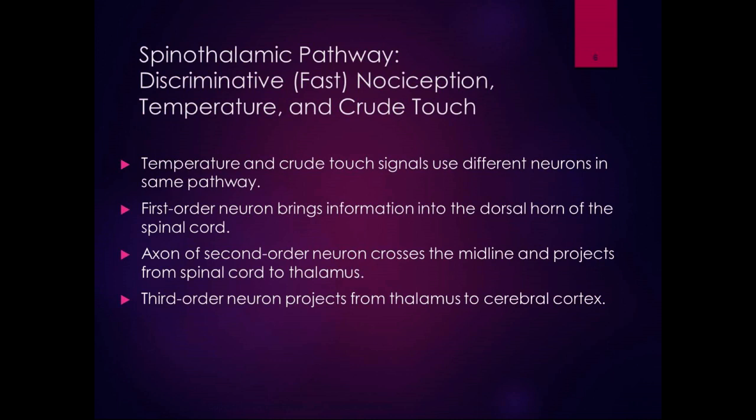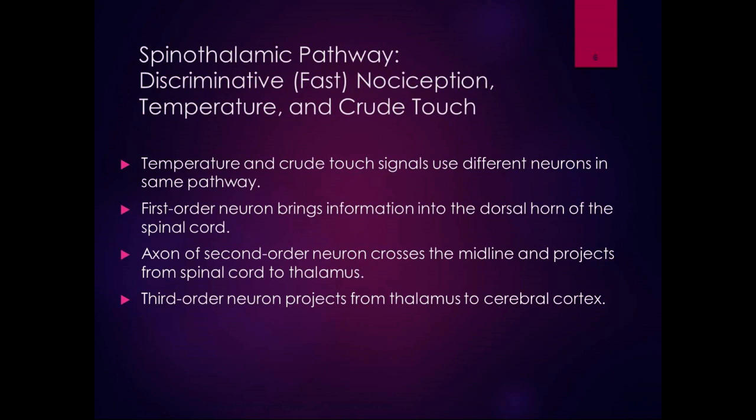The first order neuron, whether it's the A delta fiber for nociception, the A beta fiber for temperature, or the A delta fiber for crude touch, brings information into the dorsal horn of the spinal cord, just like the other ones we've talked about.